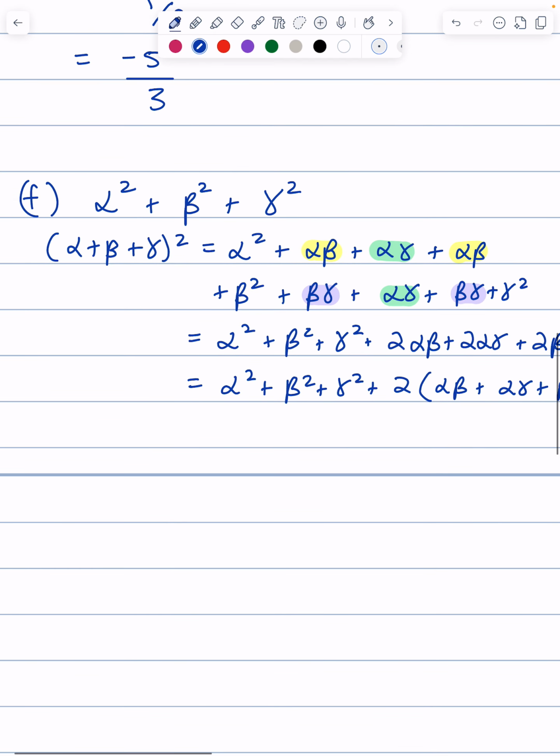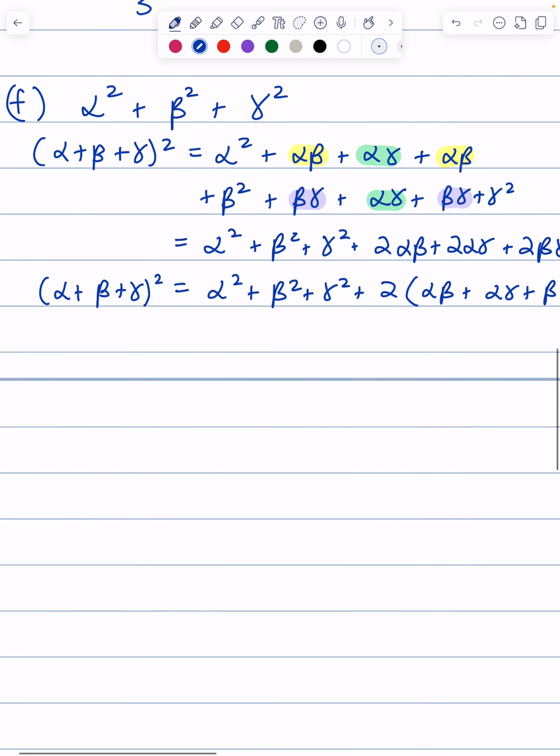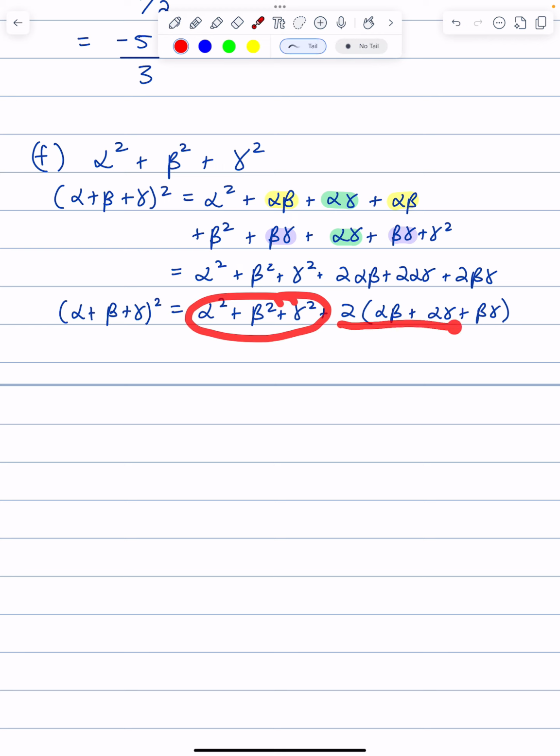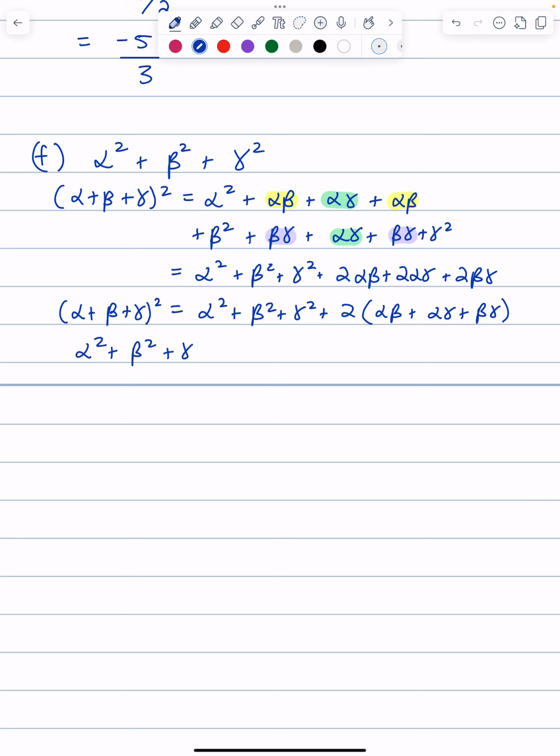Now if I look at my left hand side, can you see that alpha plus beta plus gamma is actually the sum of the roots? So I'm going to rearrange this equation and make this the subject of the formula, moving this to the other side. So alpha squared plus beta squared plus gamma squared will be equal to all of alpha plus beta plus gamma squared, minus 2 lots of the pairs of roots.